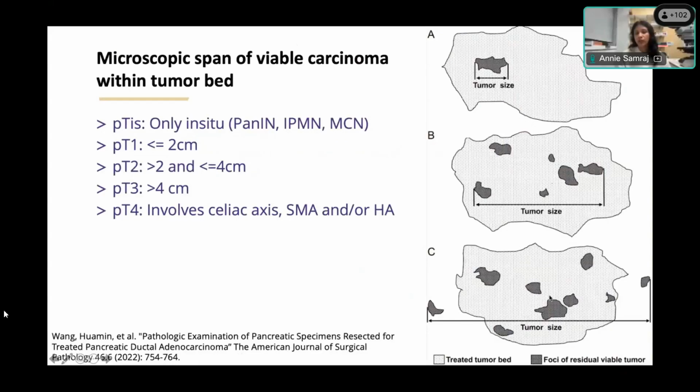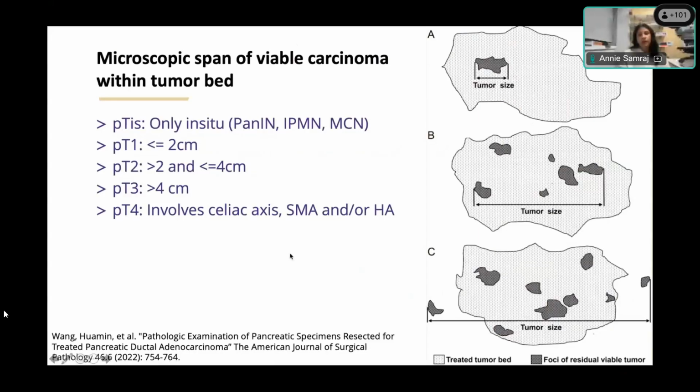It's also possible to have a scenario where you have tumor extending beyond what we can see with our naked eye. And so here, the tumor size would actually be greater than what you see on the macroscopic examination. But sometimes it's not possible for us to estimate this accurately.